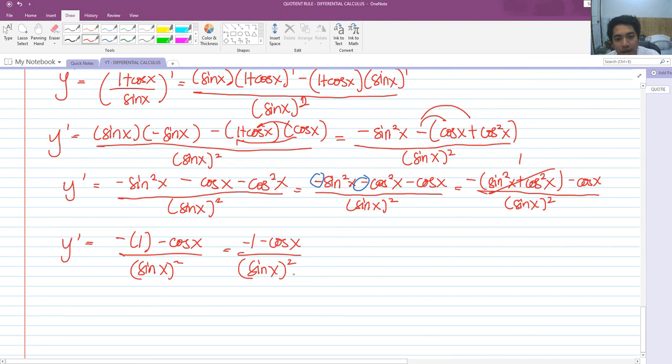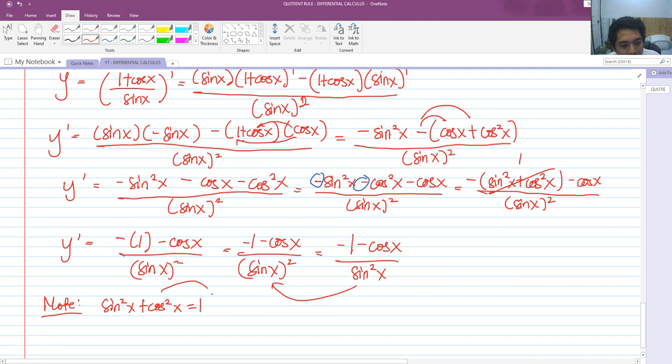Okay? And furthermore, we can rewrite this as negative 1 minus cosine of x, okay, as the sine of x squared would be sine squared of x. That is the same with this. Okay, and by Pythagorean identity again, sine squared of x plus cosine squared of x equals 1.